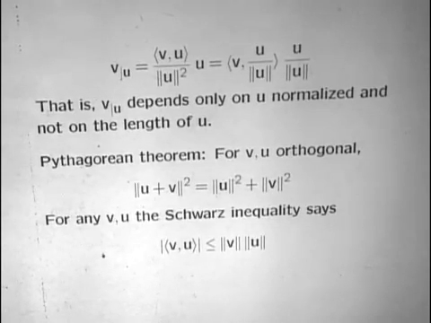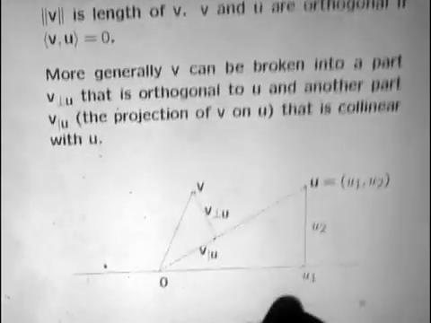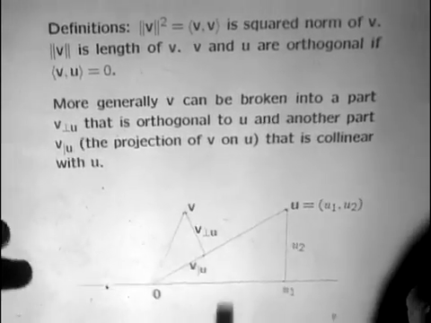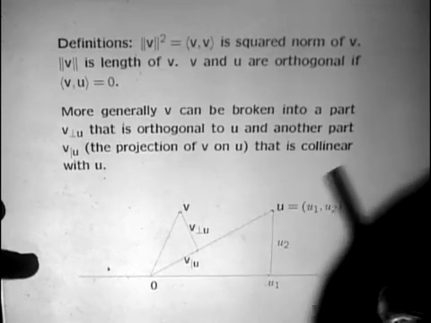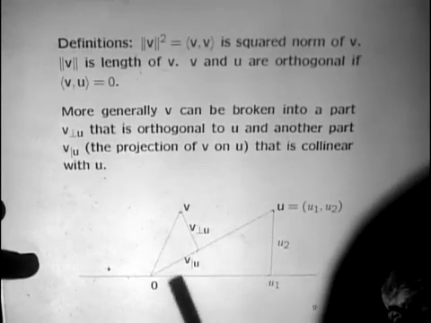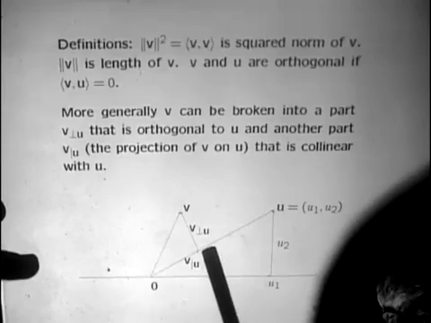This projection is a function only of the direction of U. I mean, this is obvious from the picture, isn't it? But again, since we can't draw pictures for complex valued things, it's nice to be able to see it analytically.